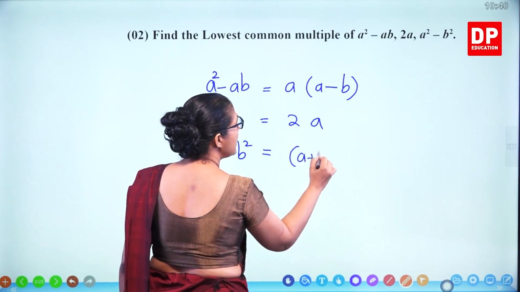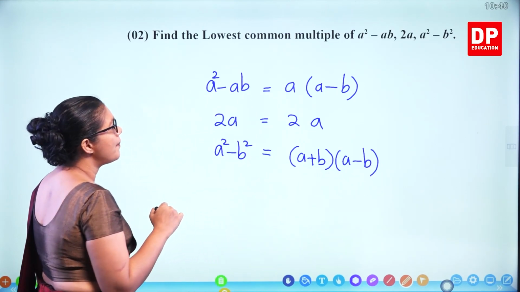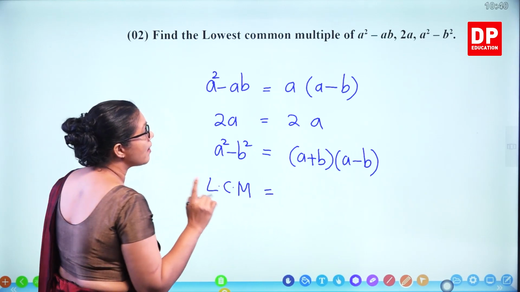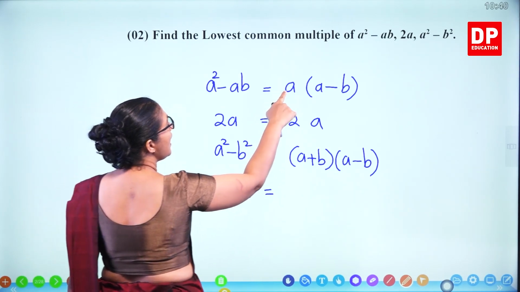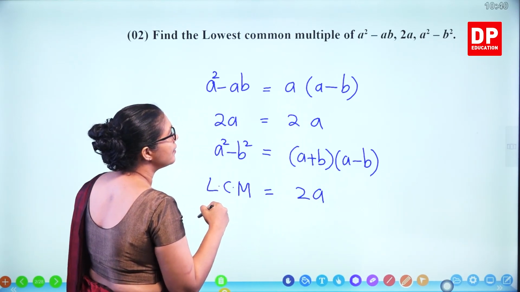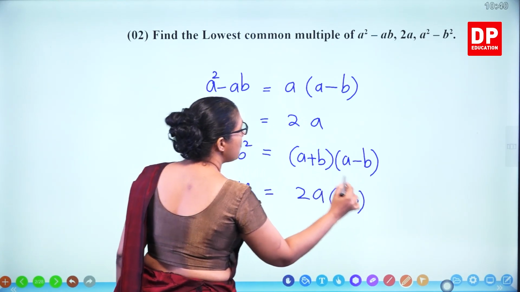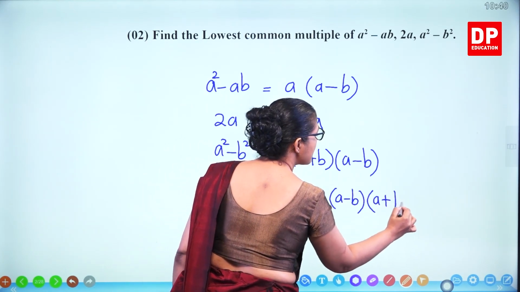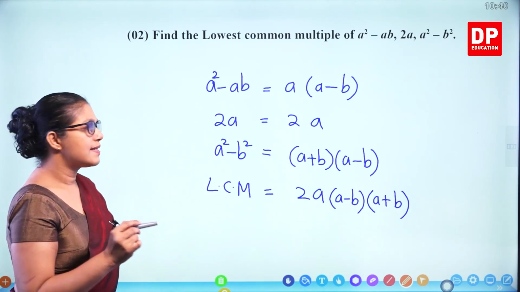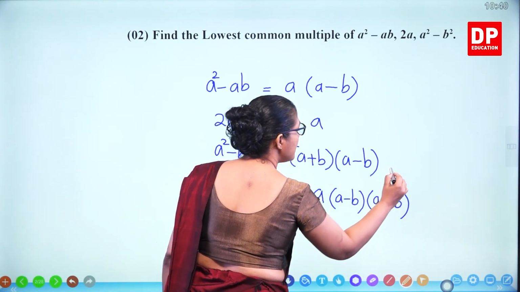A plus b and a minus b. Now we can find all distinct terms with the maximum power. A is 1 term. 2 is there, power 1. A minus b is there and a plus b is there. So that's the lowest common multiple. You have to consider all distinct factors. So 2 marks for this answer.